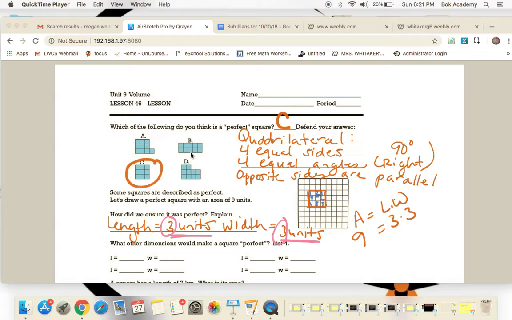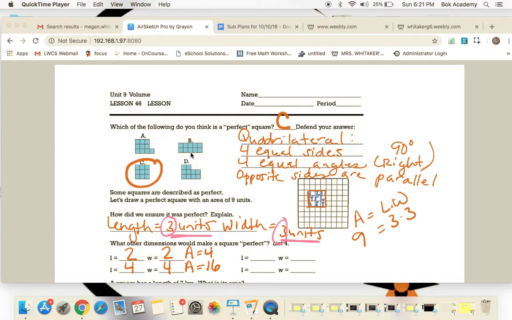What other dimensions would make a square perfect? List 4. If I remember that the length has to be equal to the width, we could say 2 is our length and 2 is our width, which would give us an area of 4. We could have a length of 4 and a width of 4, which would give us an area of 16 square units.